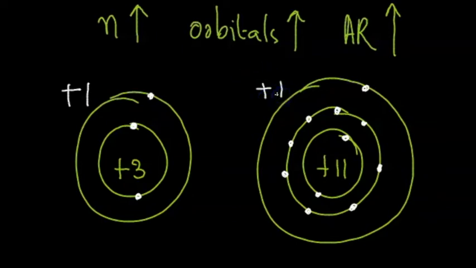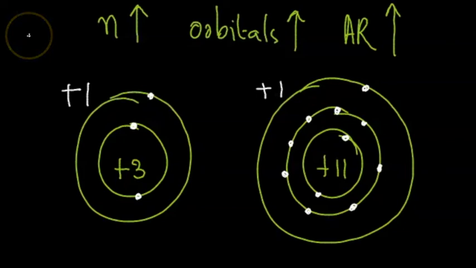So as you go down a group, the effective nuclear charge doesn't change. All of the alkali metals in a single column have the same effective nuclear charge. So the effective nuclear charge doesn't play a role in the atomic size that we see in a column. It only plays a role as we go from left to right because it changes from left to right. Within the column, the effective nuclear charge is the same.